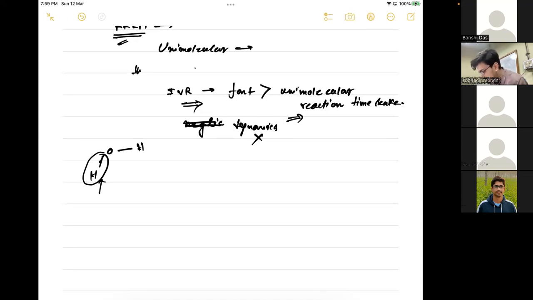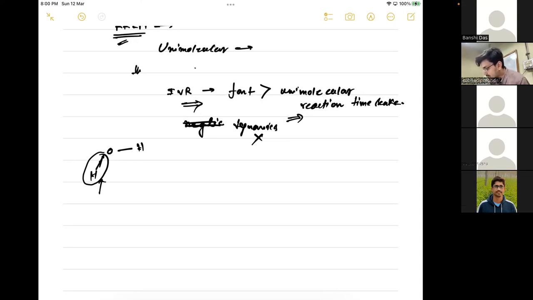It may be possible that for some time this energy is staying in this particular mode. I'm taking water just as an example. It has 3 degrees of freedom, 2 bonds.